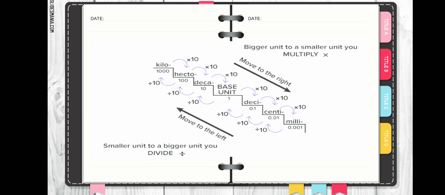So now let's talk about the 7 base units and apply this technique. I use this way because I think it is easier for me, but it's up to you which technique or way you are comfortable with.